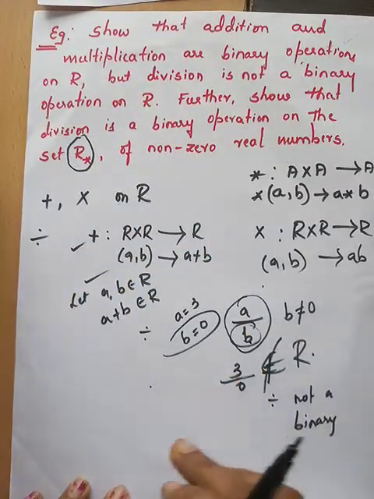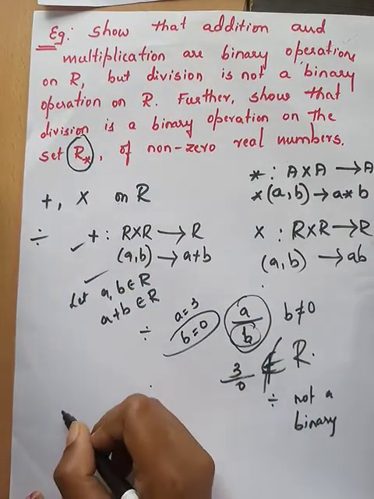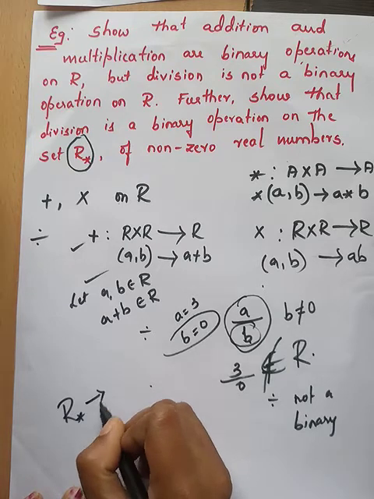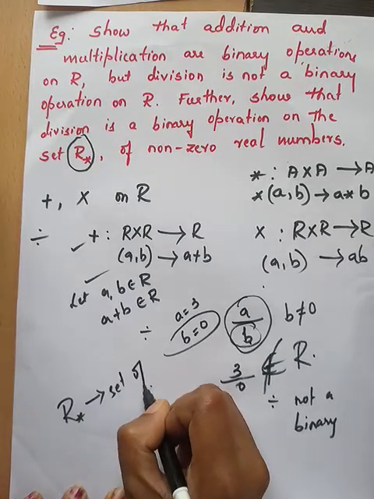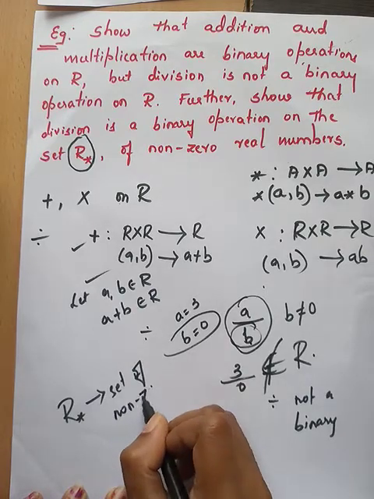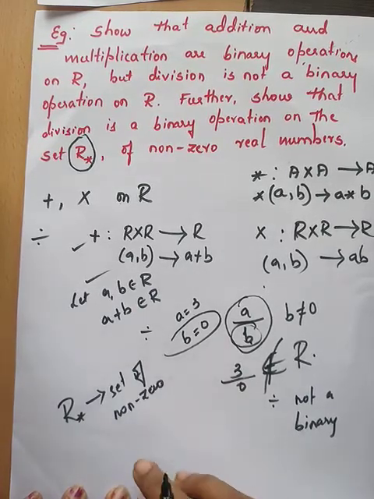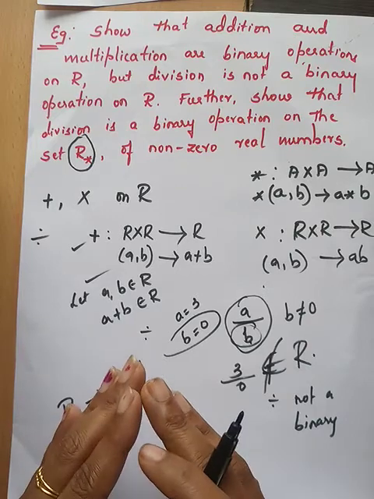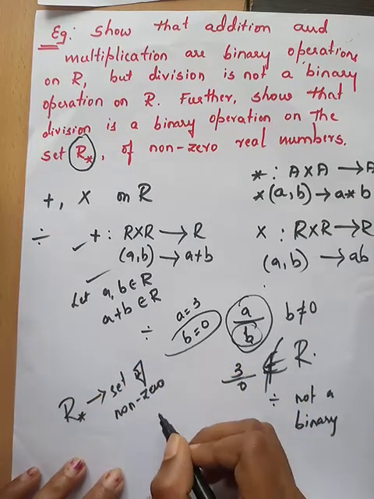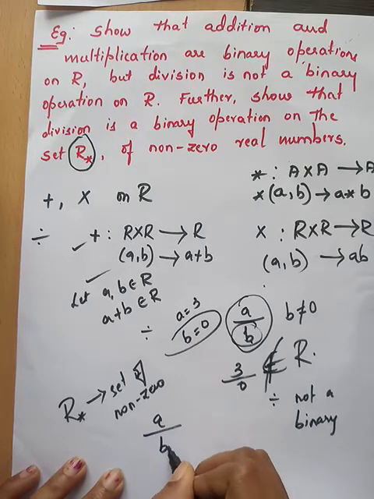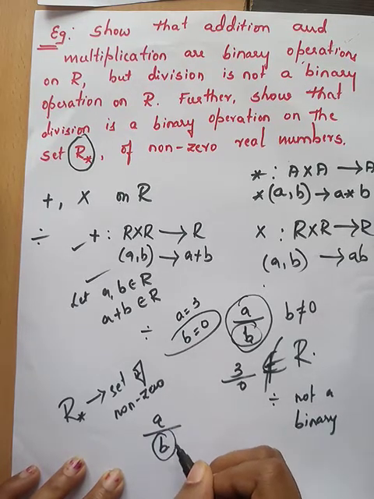But when you think about R star, what does R star mean? R star is nothing but the set of non-zero real numbers. So it contains all the real numbers excluding 0, correct? And division is well defined if the denominator is not equal to 0.